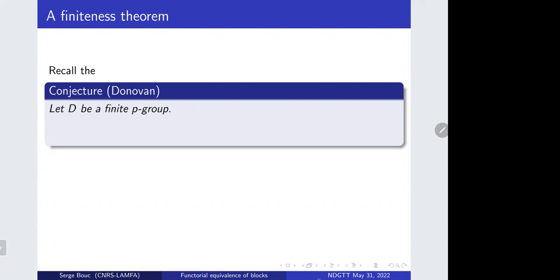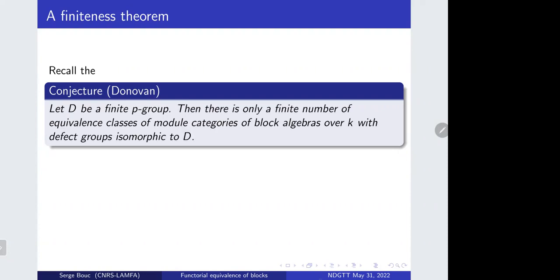We start by fixing a finite p-group D, and the conjecture says that there is only a finite number of equivalence classes of module categories of block algebras over K with defect groups isomorphic to D. In other words, up to Morita equivalence, there is a finite number of blocks with defect group D, to be a bit sloppy in the formulation.